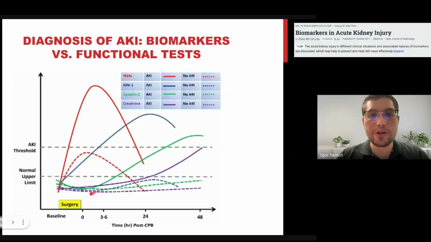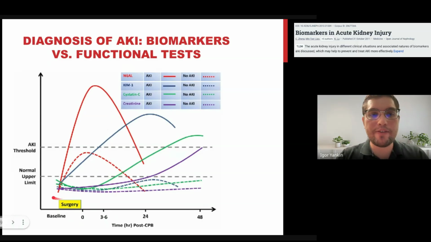Let's focus on two things. One of them will be creatinine, which is the most common functional marker we use in practice. That's going to be our purple solid line right here. And let's focus on NGAL, which is a relatively popular biomarker, and it's going to be a red solid line right here.